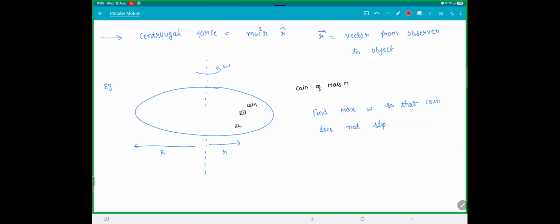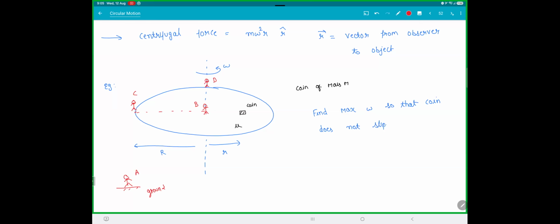Now let's ask 3 people to solve the problem. Let's ask the person A on the ground. A is on the ground, he is at rest. We will ask him to solve the problem. Then we will keep one observer at the center, B, and we'll ask him to solve the problem. We'll keep one guy, C, standing on the circumference. We'll ask one guy here who is on this part and ask him to solve the problem.